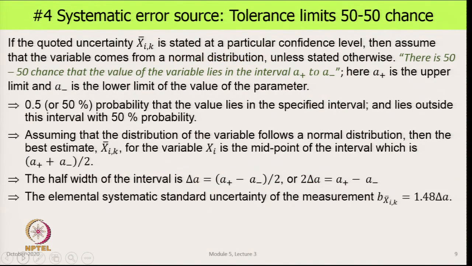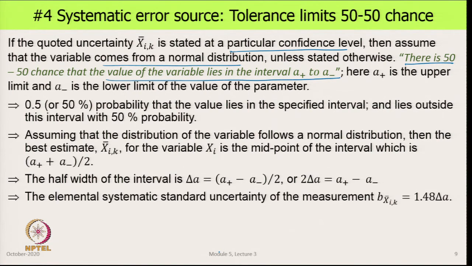Our fourth systematic source of error is when someone says that the variable comes from a normal distribution and there is a 50-50 chance that the value of the variable lies in an interval a plus to a minus.